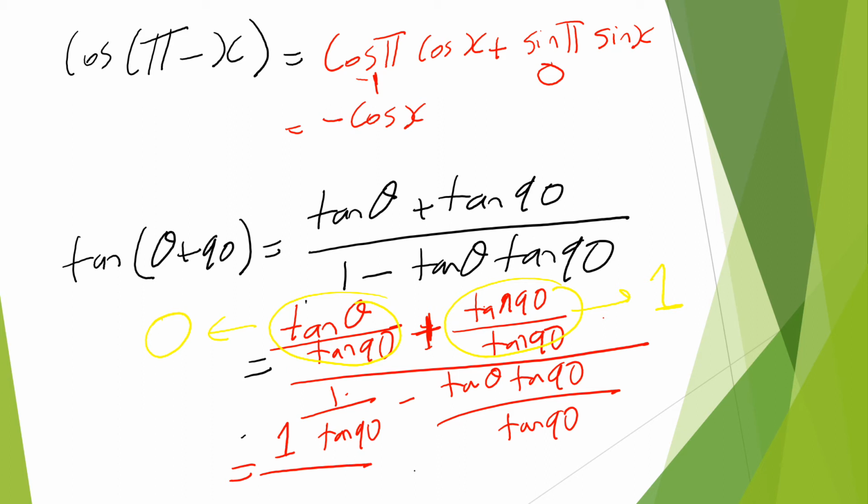Over 1 over tan 90, which is nearly 0, minus the remaining term, so what is left is 1 over negative tan theta. Now 1 over tan is cot, so you can write it as negative cot theta. You can see we've simplified and rewritten the expression.